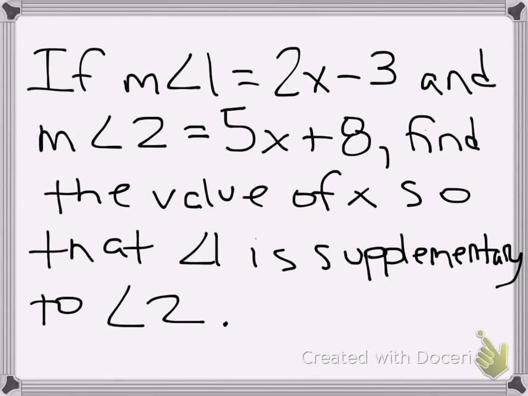The next one, same idea with the lines intersecting. This time, though, angle 1 is 2x minus 3, angle 2 is 5x plus 8, and we're supposed to find the value of x so that angle 1 is supplementary to angle 2, meaning they add up to be 180. So we're going to need to do that same thing.